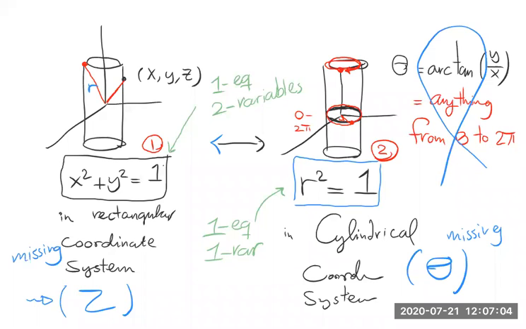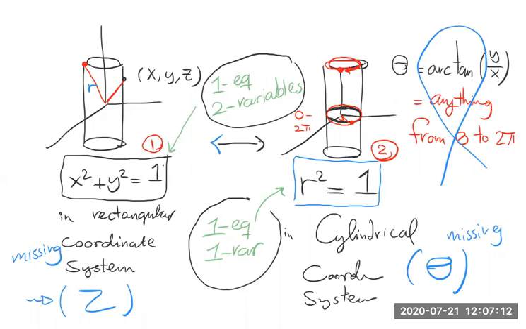When you have one equation and one variable, life is really easier than having one equation and two variables when you want to describe something. The fewer variables we have, the more explicit and easier to handle it is in some sense.